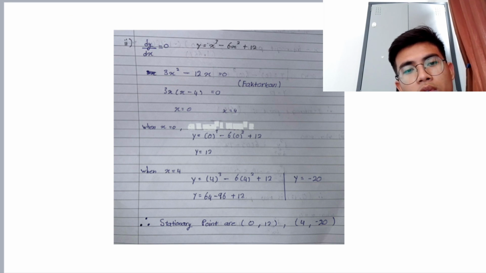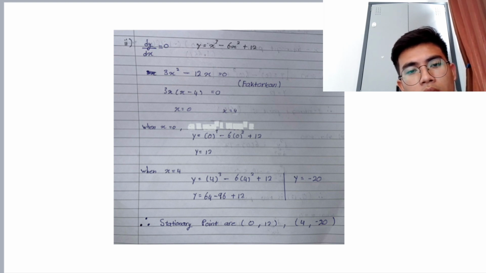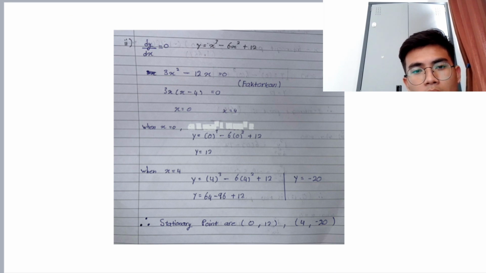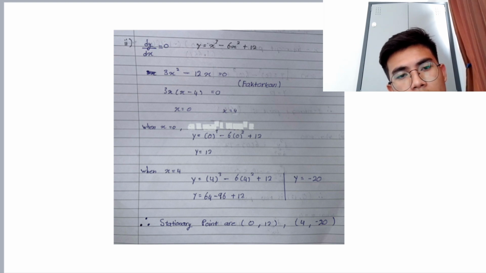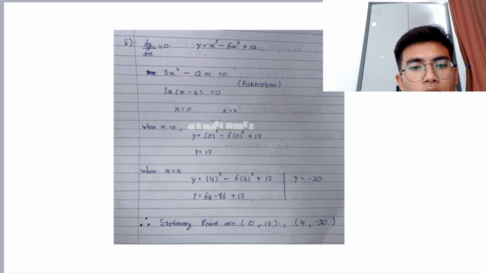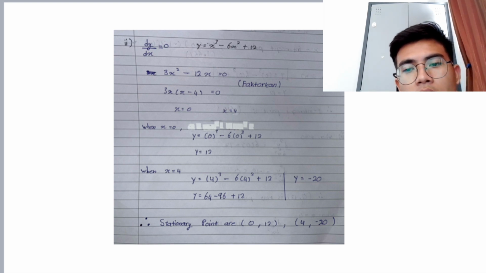For y2, we replace the x value with 4, and what we will get for y2 is negative 20. So the stationary points that we get are (0, 12) and (4, negative 20).